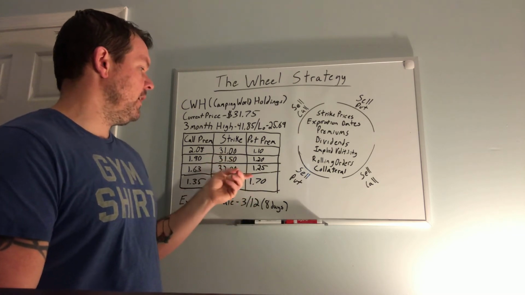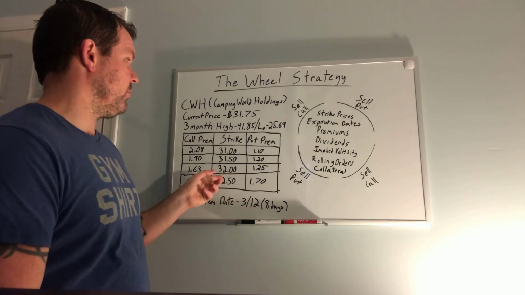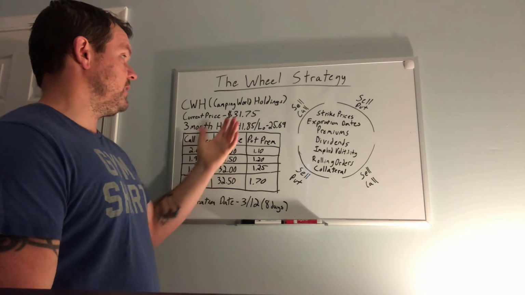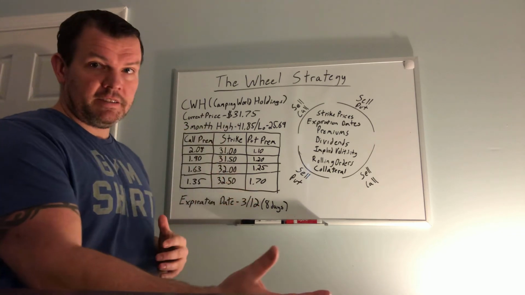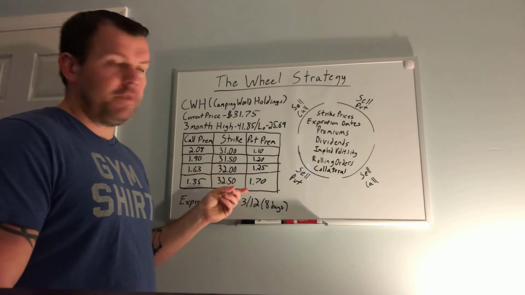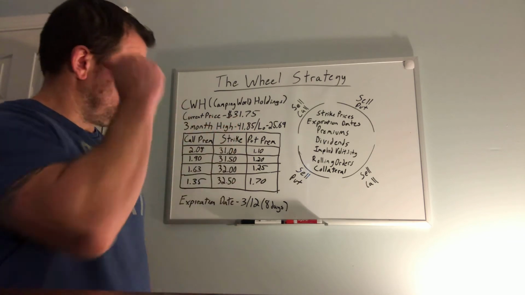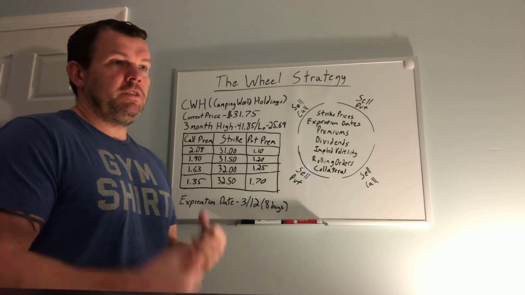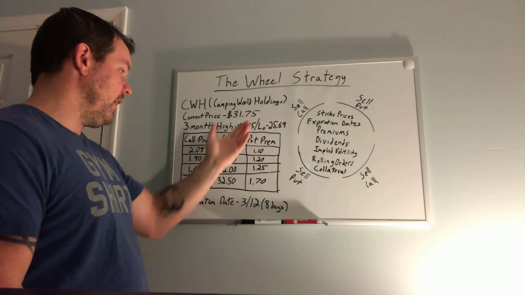Now, the premium is exceptionally high here because your strike price is above the current price. So, keeping in mind, if expiration was today, you're definitely going to get assigned. You're going to get assigned 100 shares at $32.50, which is above the current stock price of $31.75. So, obviously, if today was expiration date, you would not sign up for $32.50 because you're already losing money.